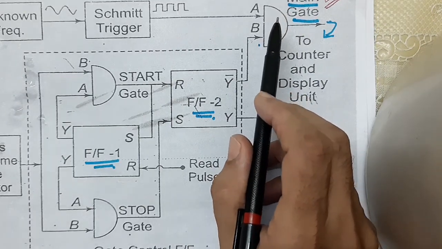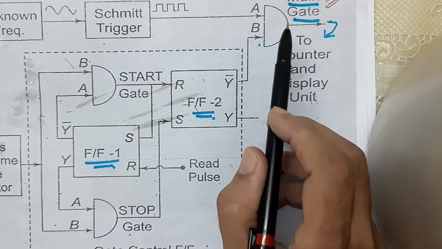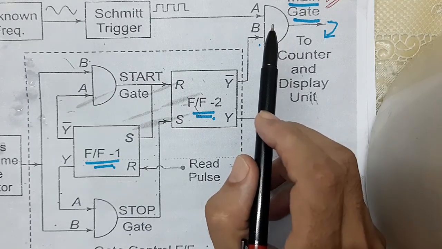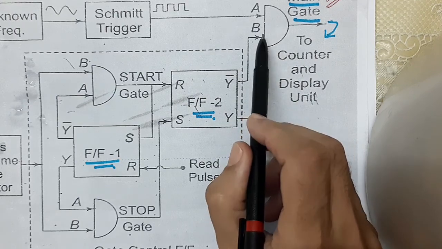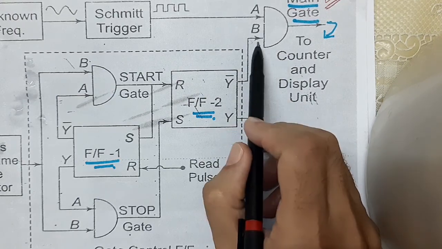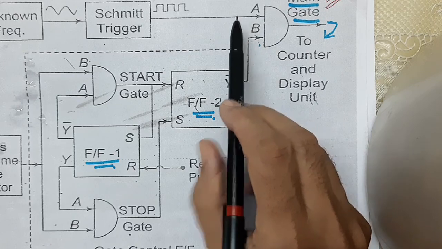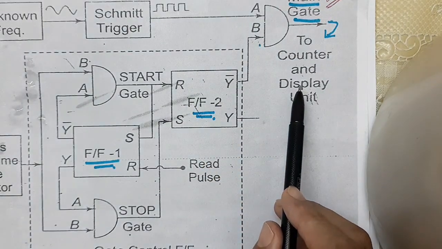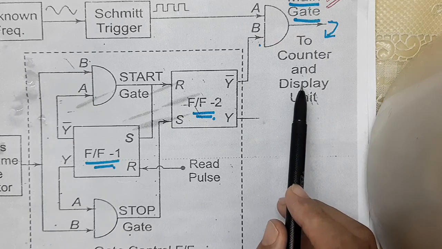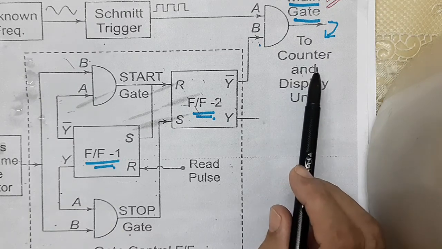pulses in 1 second. What is frequency? Frequency is equal to the number of pulses per second. When it is on, that means both are 1, a number of pulses is given to the counter, which counts the number of pulses in 1 second, and through this we can measure the frequency.